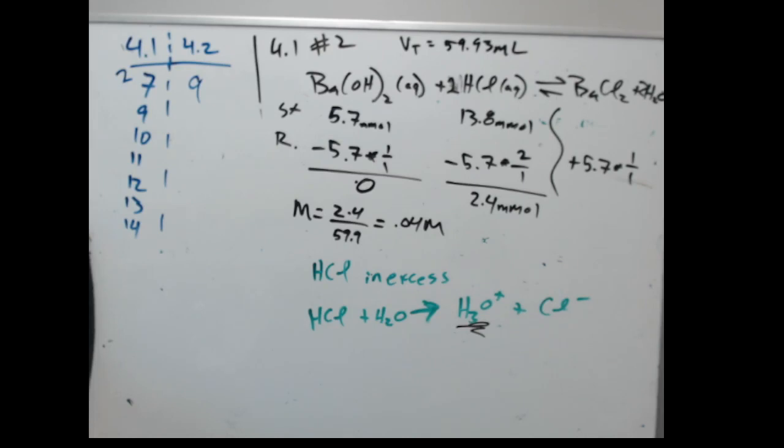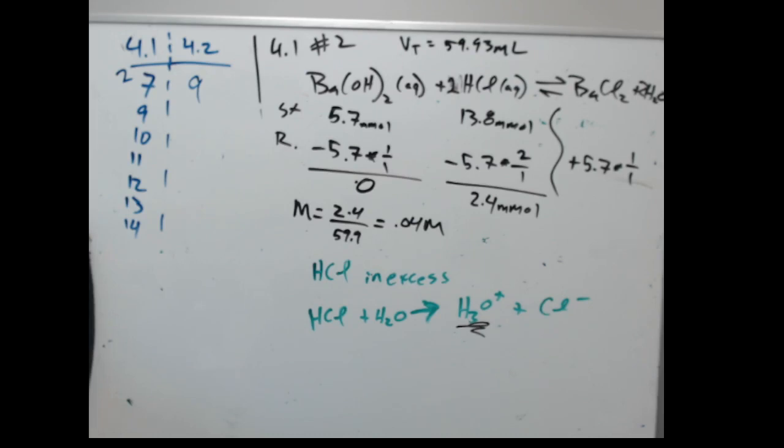If Cl minus took H plus from water, you'd form HCl. What does HCl immediately do? It just immediately dissociates. So that's not going to be an equilibrium. It's going to be completely to one side.